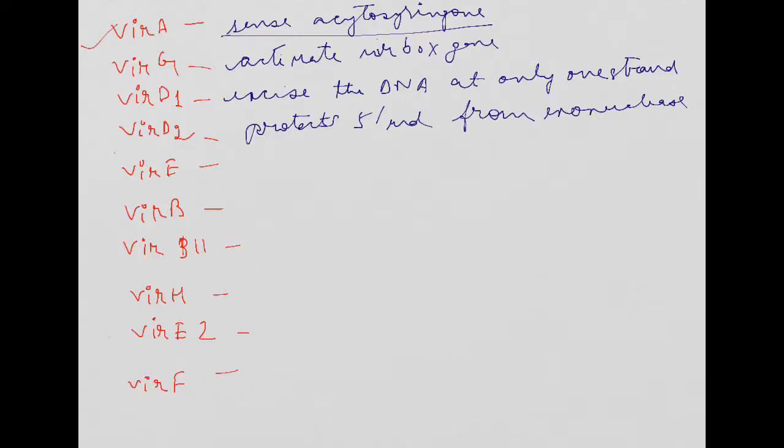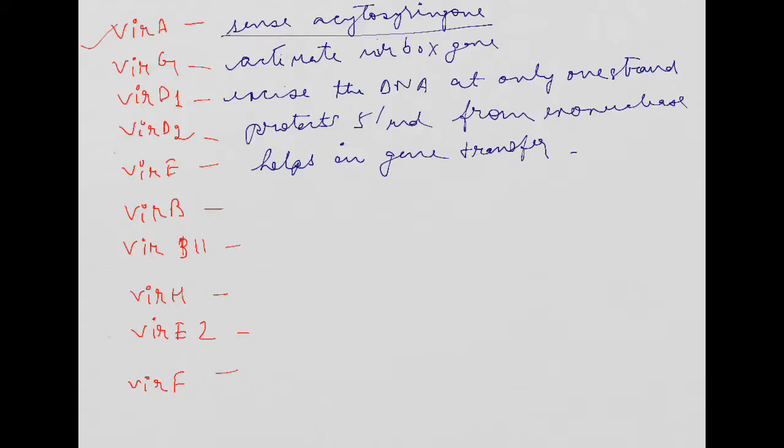Then VirE helps in the gene transfer by covering the DNA inside the plant cell. Then VirB forms conjugational pore. So, for transfer of the DNA from bacteria to plant, it will require a road.